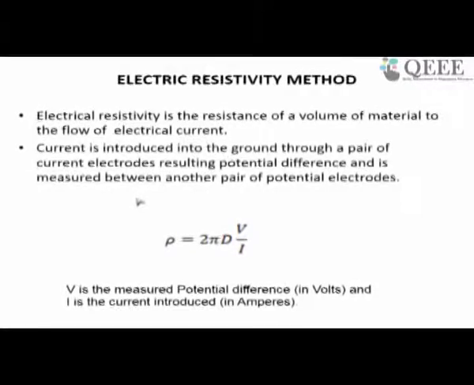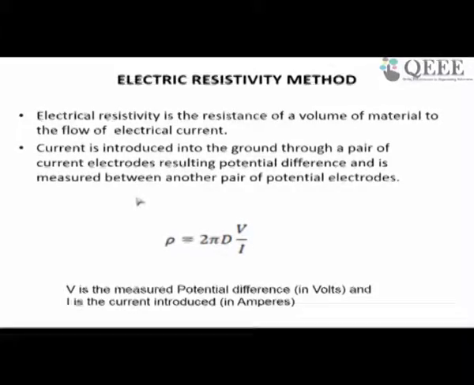So what is this electrical resistivity technique to characterize the ground? As the name implies, the electrical resistivity method uses the resistivity of the material to characterize it. Now as you know, conductivity is basically the ability of any material to allow current to pass through it.